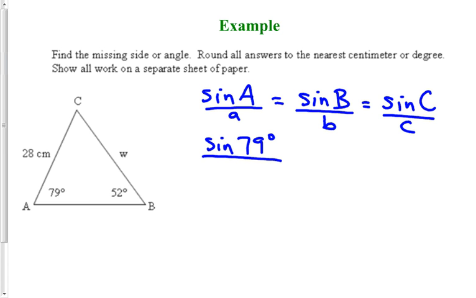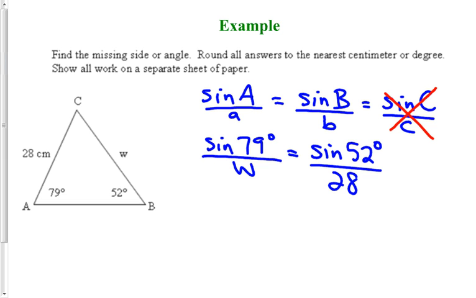We know side A is what we're trying to find, W. We know angle B is 52 degrees. And we know side B is 28. So this is the ratio that we left out for this problem. We have our proportion now, and it has just one unknown, so we can solve it.